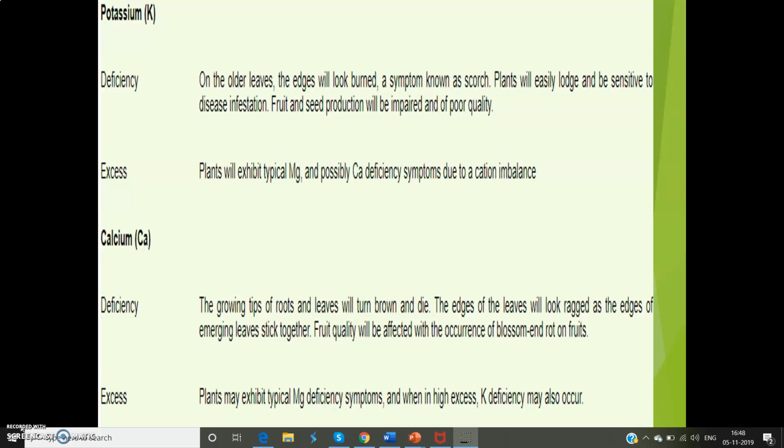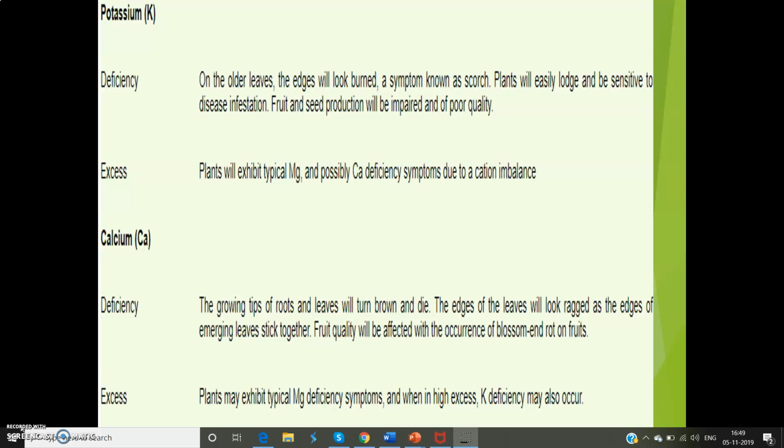Then the act of liming can decrease the uptake of boron, copper, manganese and zinc. Why is it so? Because when we apply lime, the pH of the soil rises, so it will be difficult to uptake boron, copper, iron, manganese and zinc.